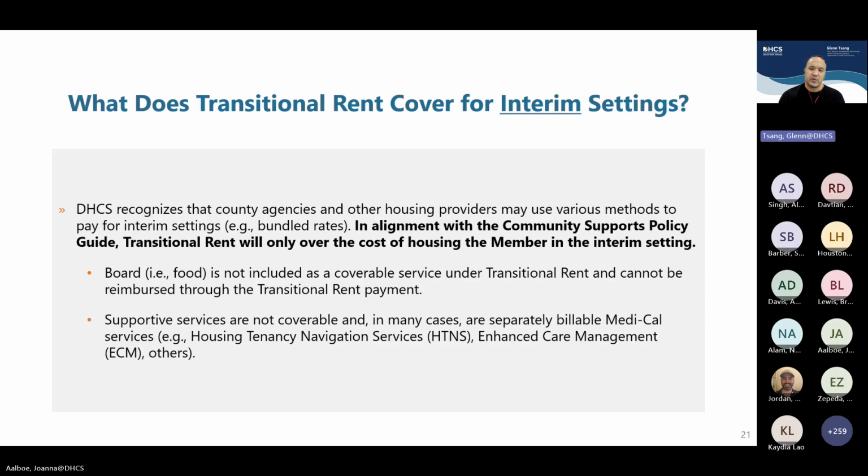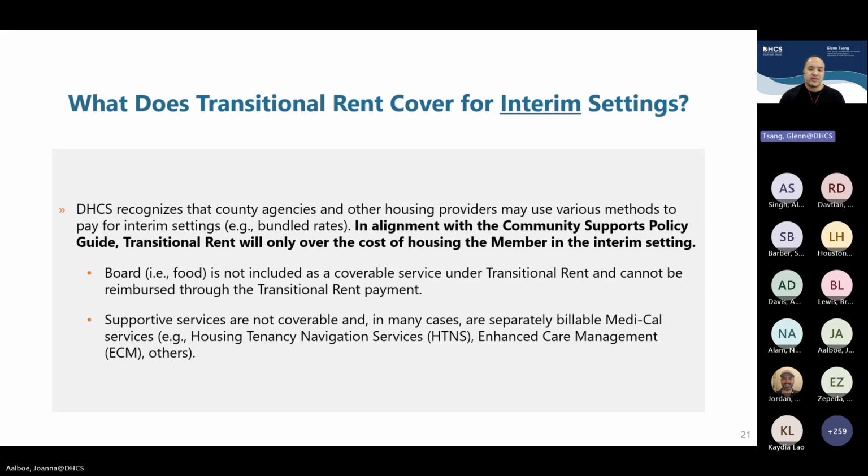Part of the issue stems from the way counties and other housing providers pay for interim housing, which typically involves a comprehensive, all-in, bundled per diem rate that includes room, board, and other services such as supportive services like education, programming, and other clinical services, to name a few.